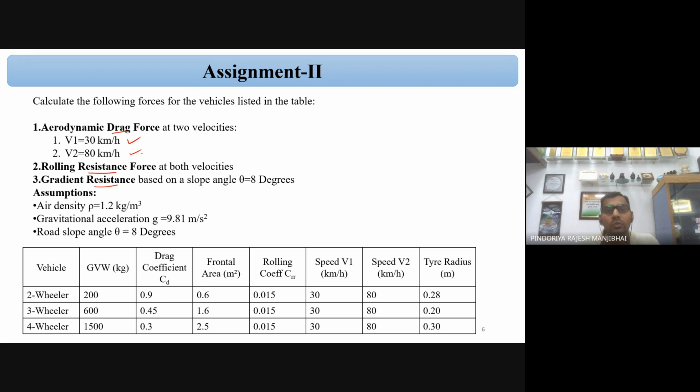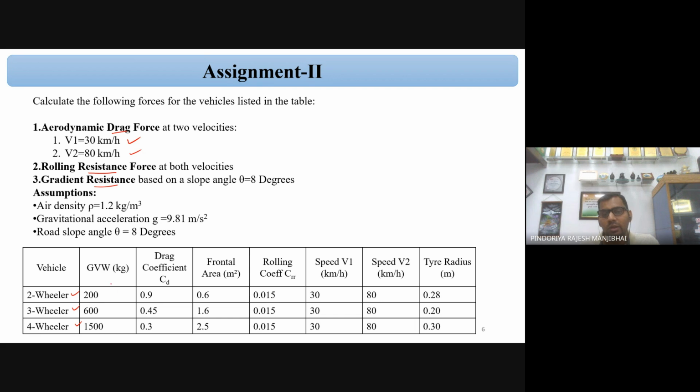We have these for different vehicles: a two-wheeler, three-wheeler, and four-wheeler.